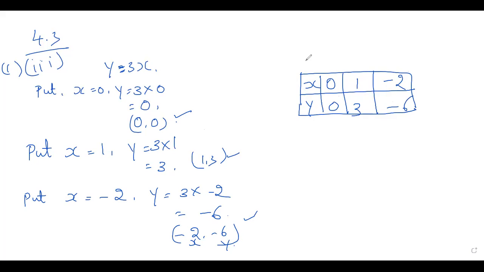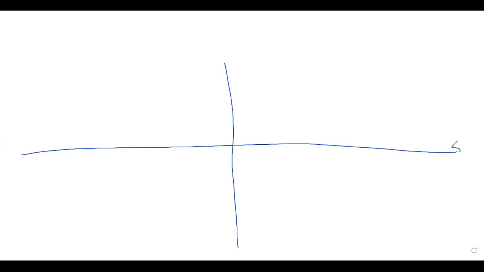Let us see. We'll locate the points on the graph sheet. Mark x and y axis on the graph sheet. This is x, x dash, y, y dash.